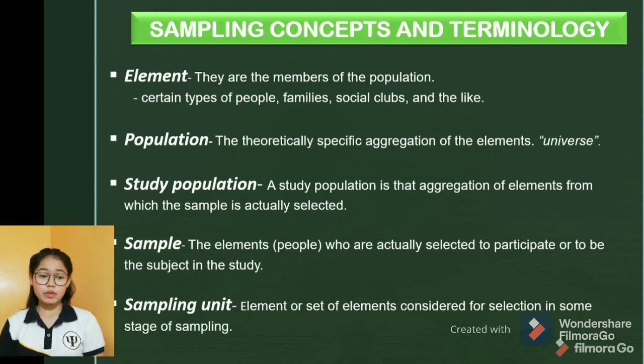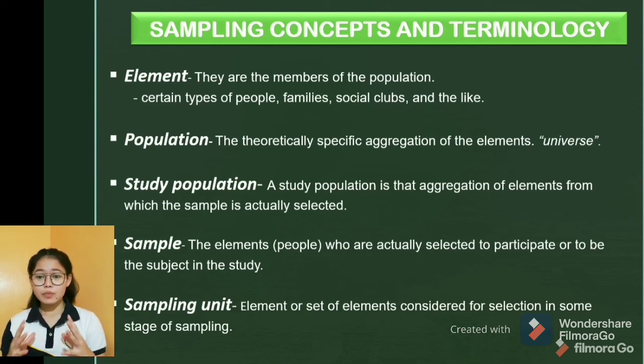Third is study population. A study population is that aggregation of elements from which the sample is actually selected. So what is the difference between a population and a study population? A population includes everything, right?